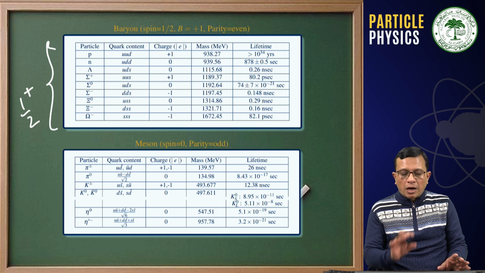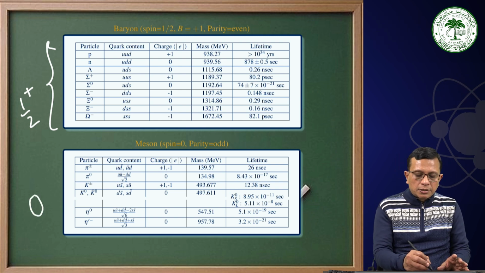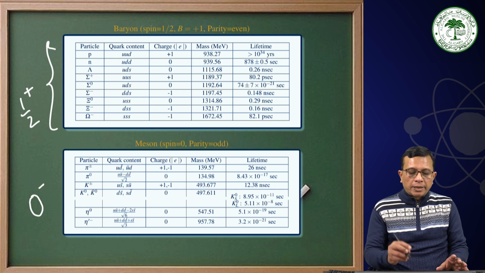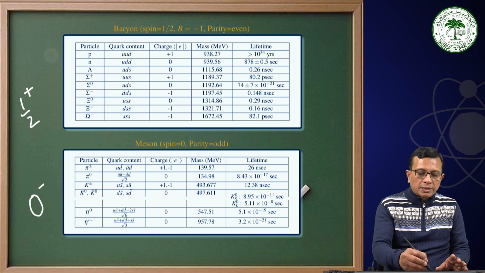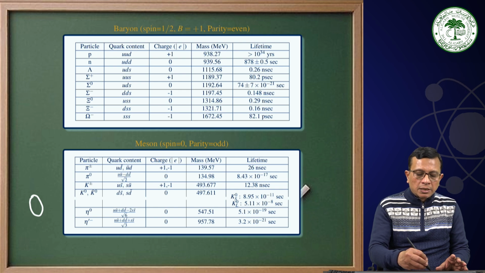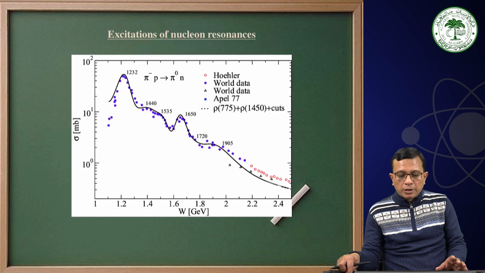While here, these mesons are spin 0, odd parity particles. Then what we are talking about is that there are resonant states, and in the resonant states we can have 3/2 spin resonances, 5/2 spin resonances.